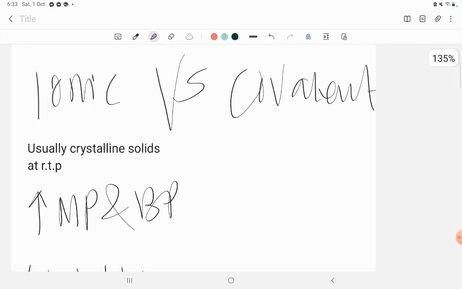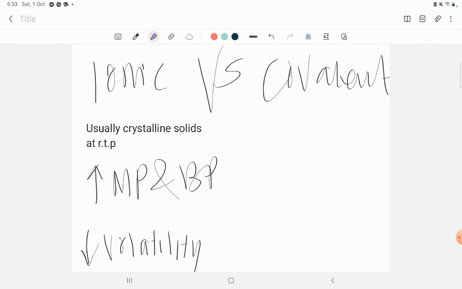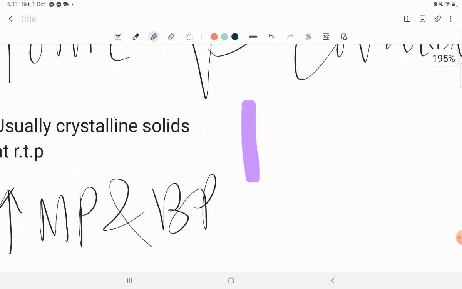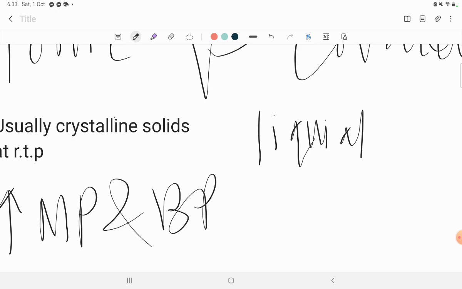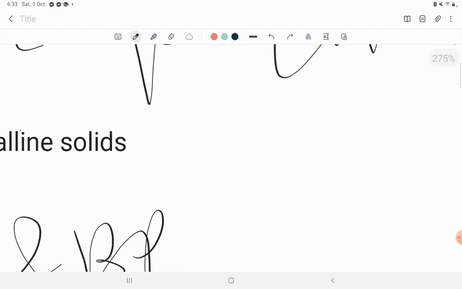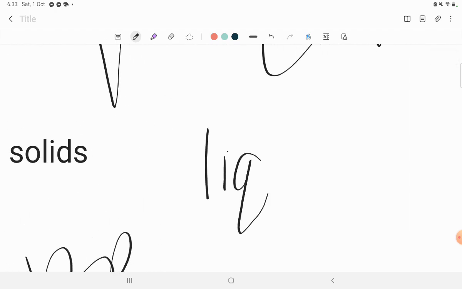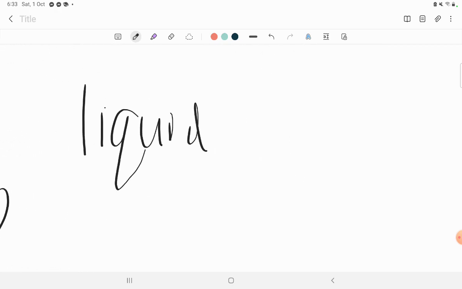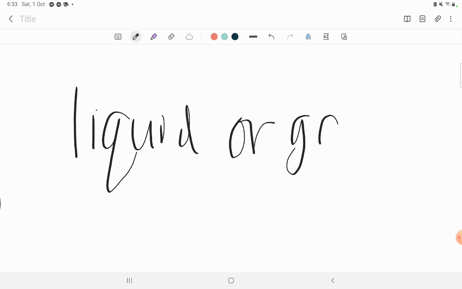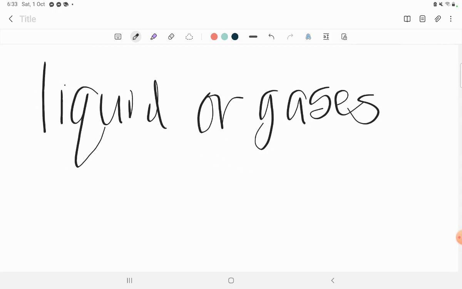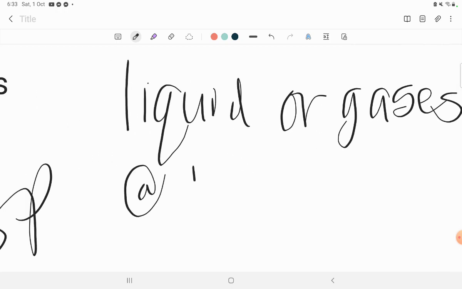Okay, so now for the physical properties of covalent compounds, which is basically the complete opposite of ionic compounds. So this is a solid, right? Then this would usually be liquid or gases at RTP.